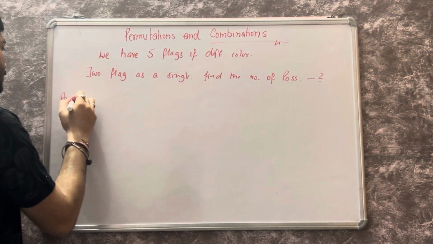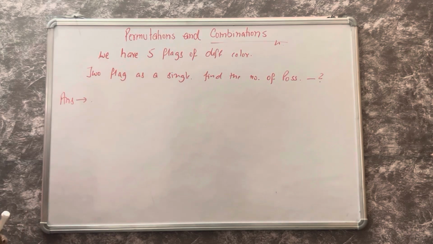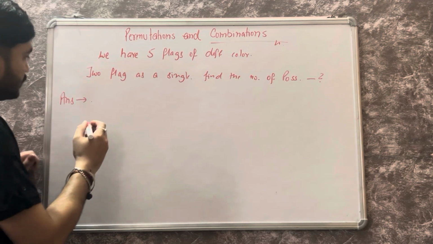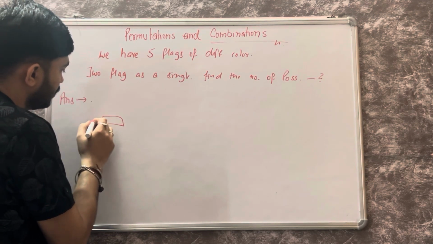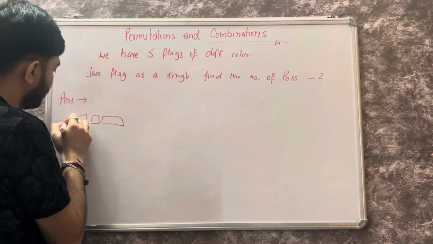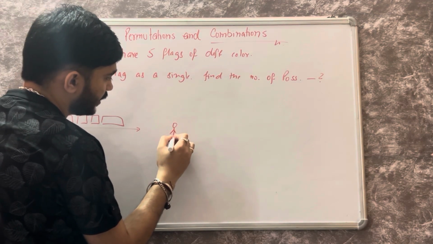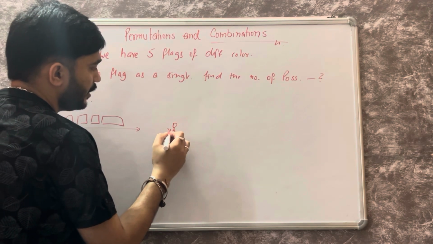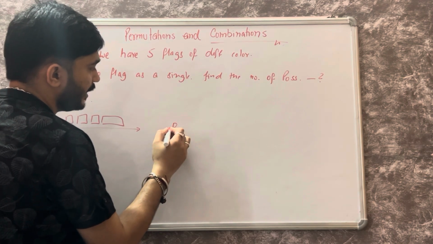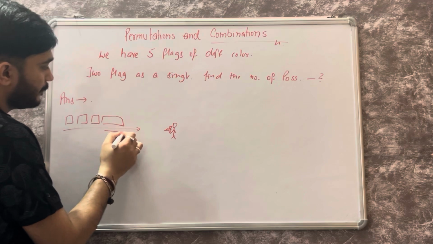Since this question is quite similar to a train, let a train is coming at your way, and here is a station master standing, and he needs 2 flags to indicate a signal to the train.